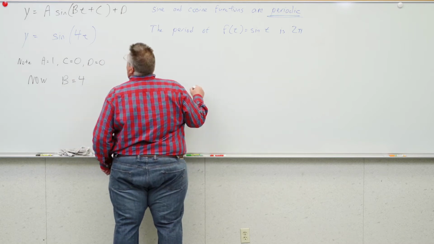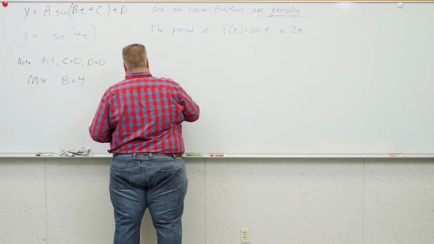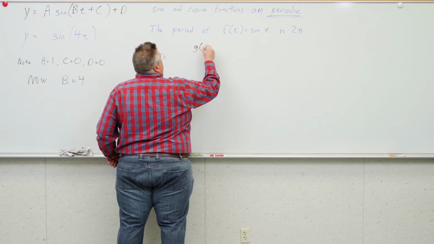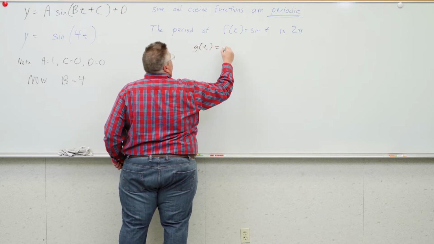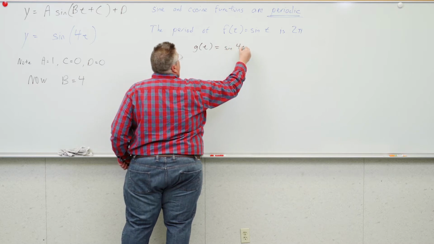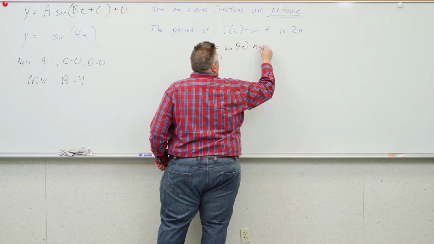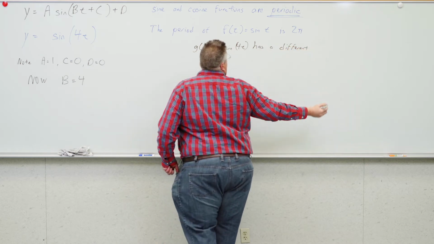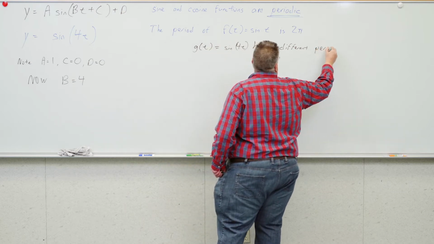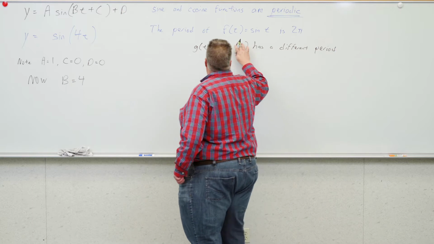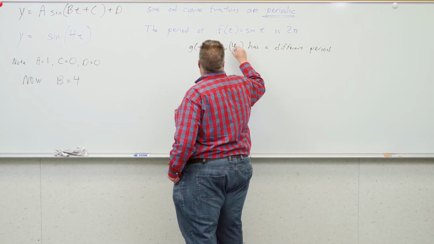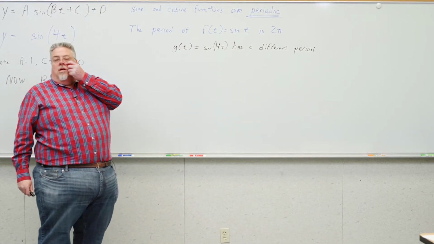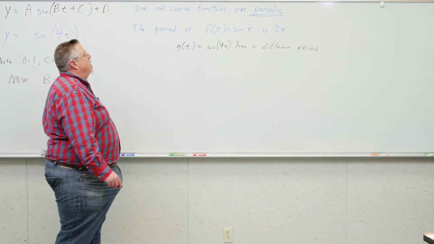Okay. g of t equals sine of 4t has a different period. That is, the effect that B has, the effect that this coefficient 4 has in front of the t is to change the period. Okay.